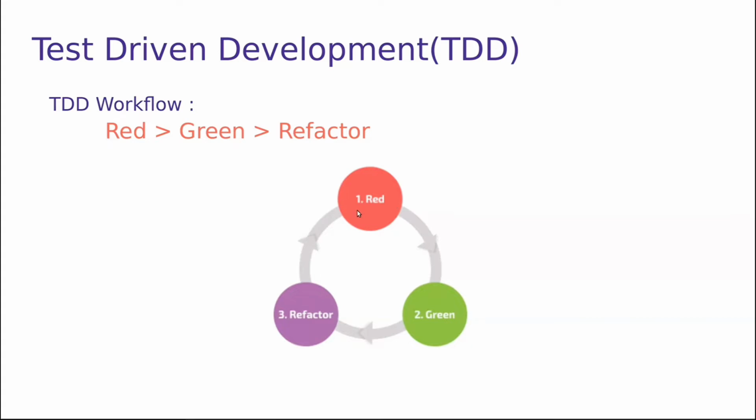So obviously this test case is going to fail. This is the red phase, and then you start to do your implementation. Here, the minimal implementation that's required to make this test case pass. I mean, there can be duplications in your code, there can be performance issues, but you are not going to worry about that in this phase.